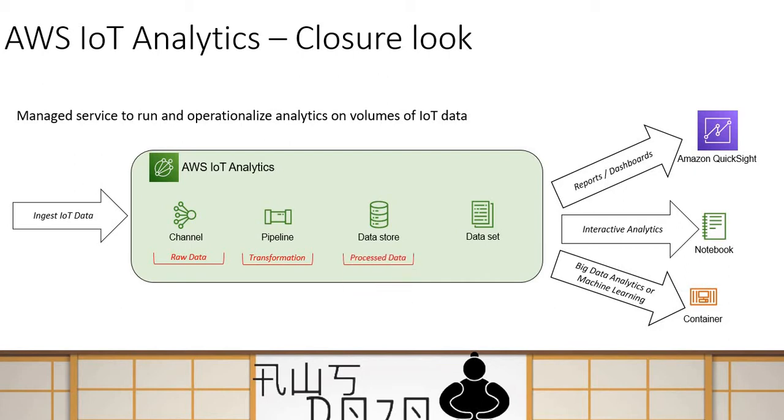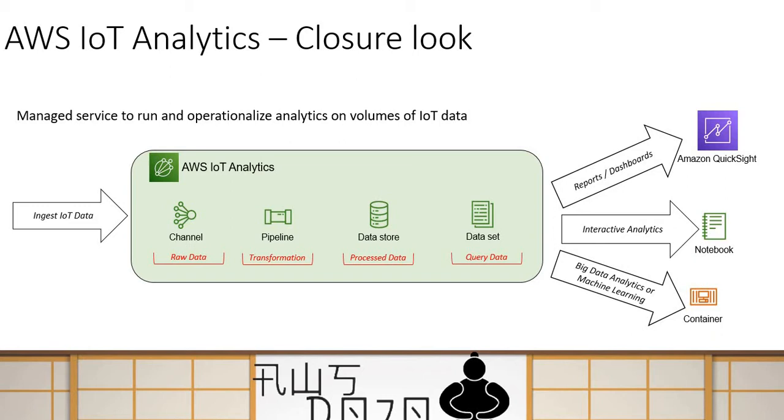Then your data store is used to store the processed data, the transformed data from the pipeline. And finally, data has to be consumed, and for that you create different types of data sets using queries, and then those data sets are available for consumption, whether you want to do any kind of automated machine learning or big data analytics, or any kind of reporting or dashboarding.